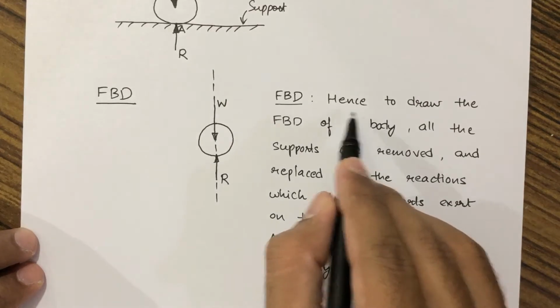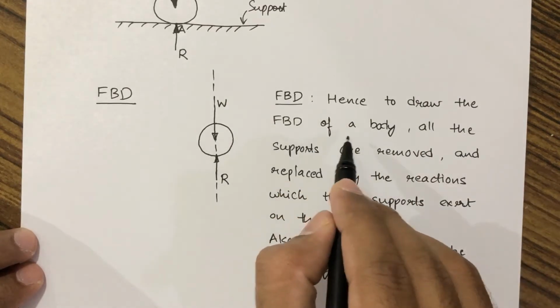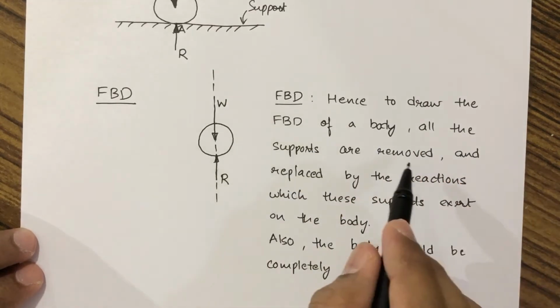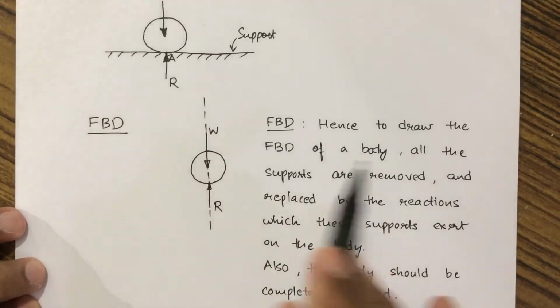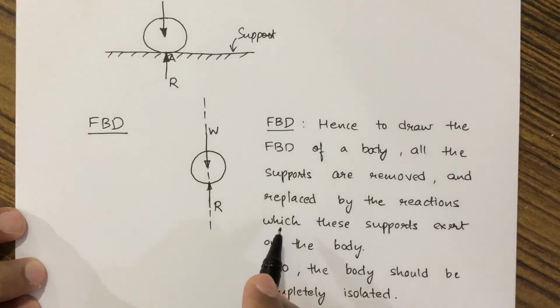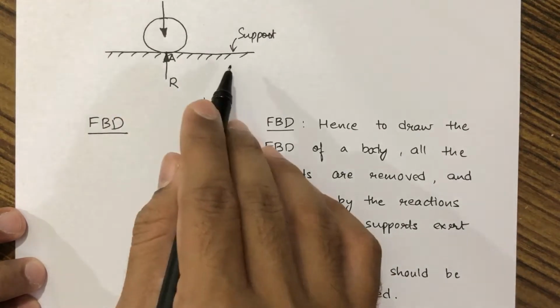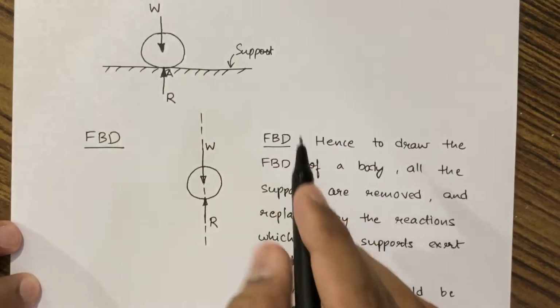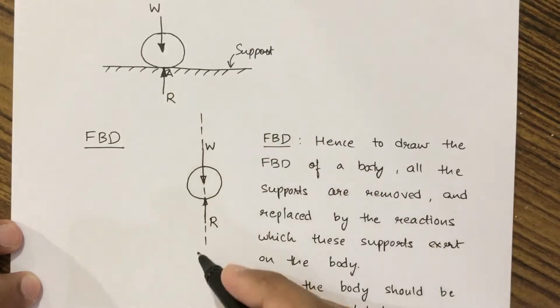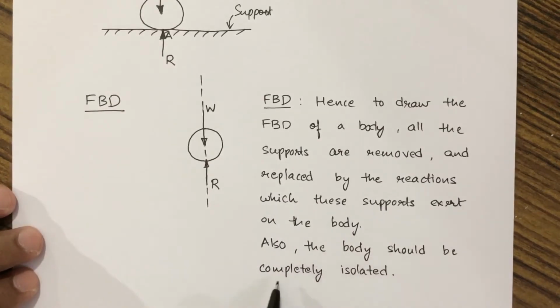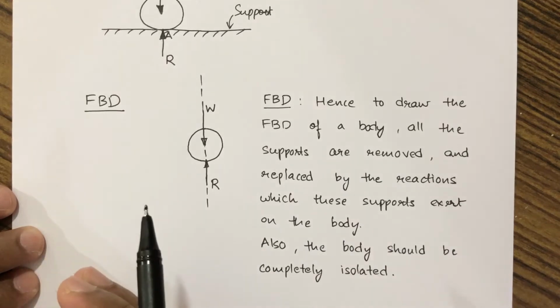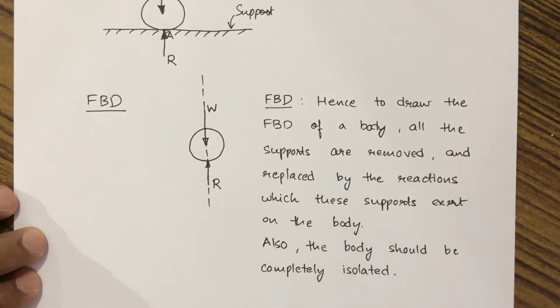Hence, to draw the FBD of a body, all the supports are removed. The support was there, it has been removed and replaced by the reactions which these supports exert on the body. Also, the body should be completely isolated. When supports are removed, obviously the body will be completely isolated.